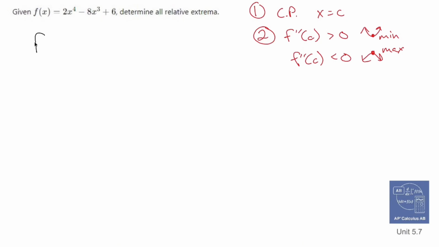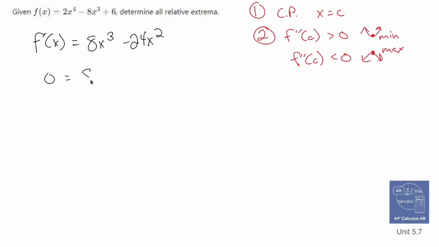So f prime of x equals 2 times, actually it's going to be 8, sorry, 8x to the third minus 24x squared plus nothing. Let's set that equal to 0 to find our critical points.